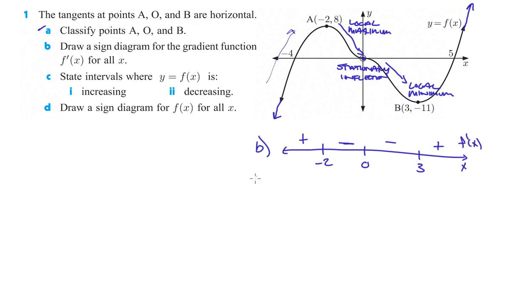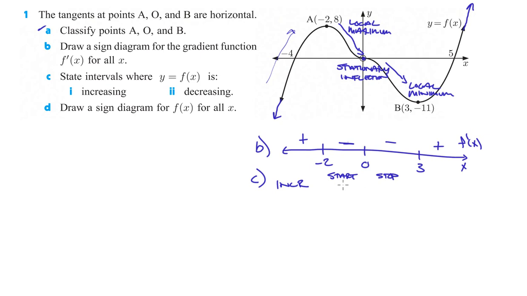So then part C is state the intervals where f of x is increasing and decreasing. So increasing does not have a beginning, but it does end at -2. So let's do this beginning, or we did start and stop, didn't we? Let's stay consistent. Start and stop.